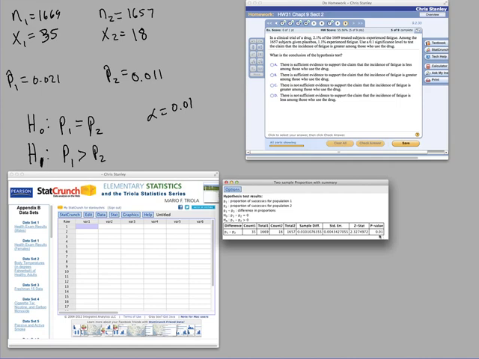You don't see this too often where the p-value falls exactly on the alpha. So let's go ahead and see what it wants to give us. Since it's equal to that, I'll say that we did not find enough evidence. There is not sufficient evidence to support the incidence, so I'm saying there's not evidence that this one's greater than this one because we failed to reject.